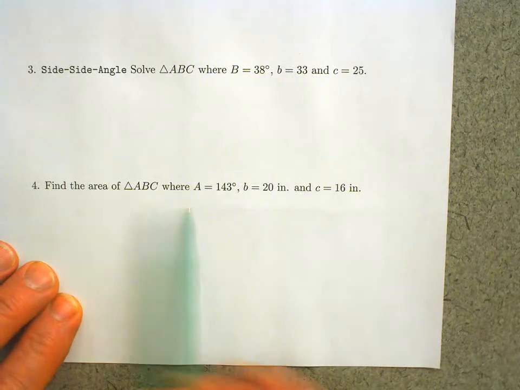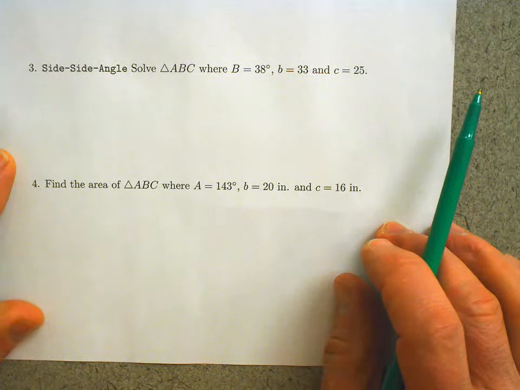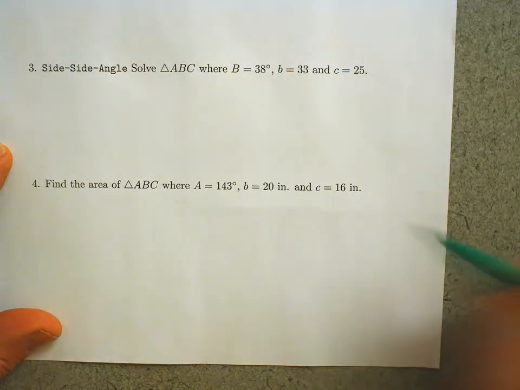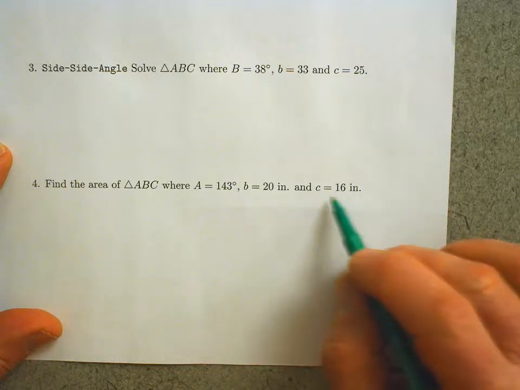Find the area of triangle ABC, where angle A is 143 degrees, b is 20 inches, c is 16 inches.